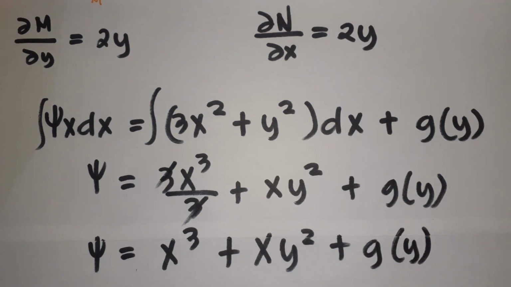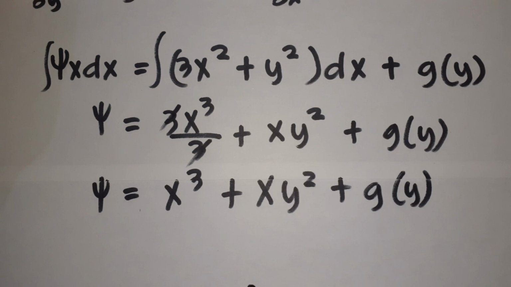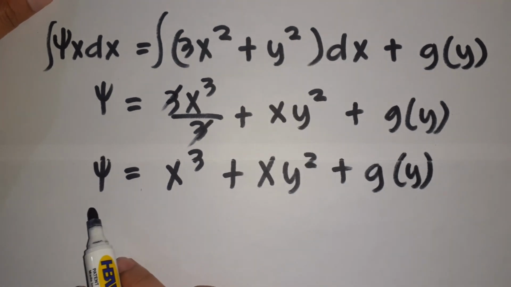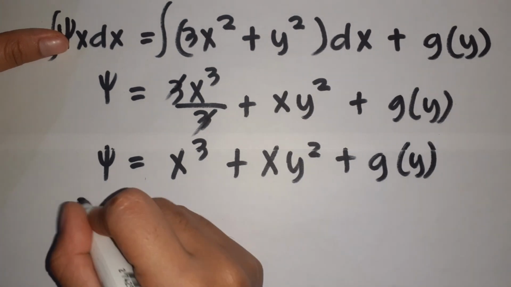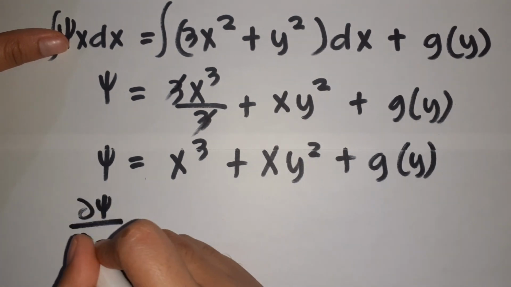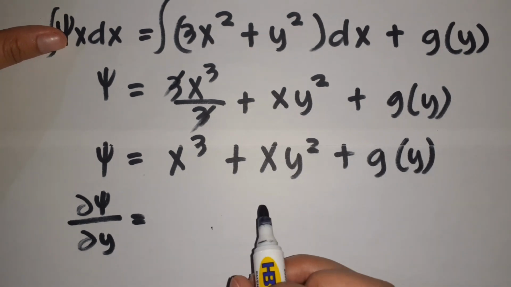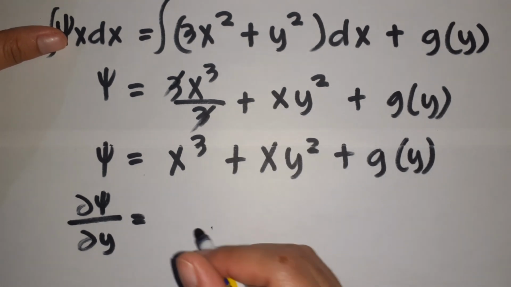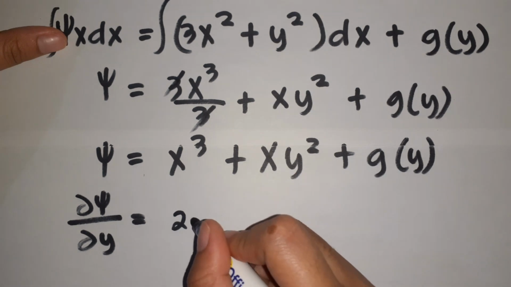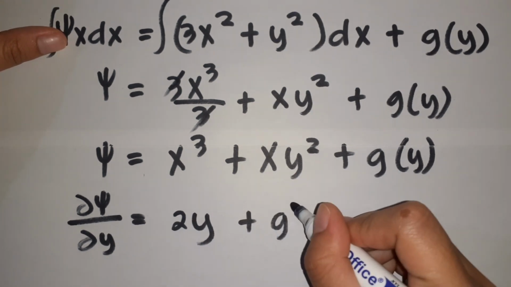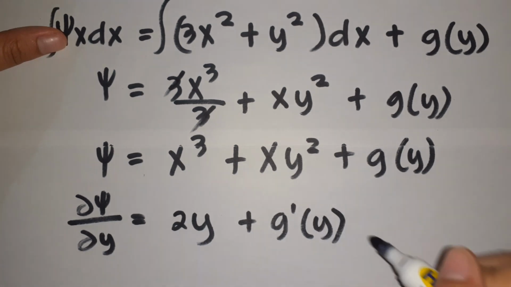g of y. Next, we will get the partial derivative of our psi in terms of y, which is 2xy plus g prime of y.